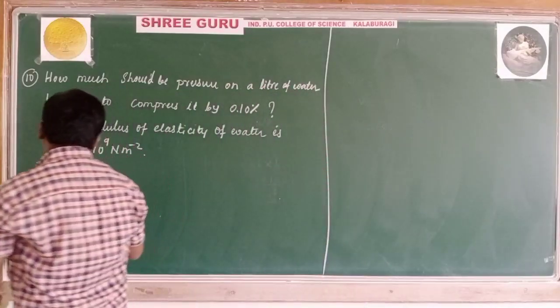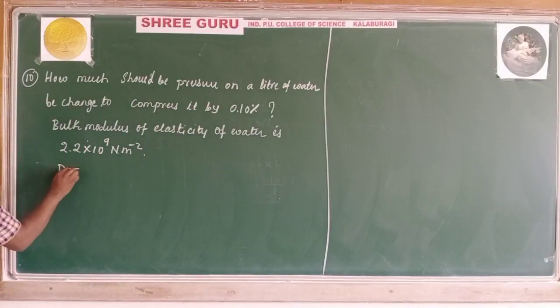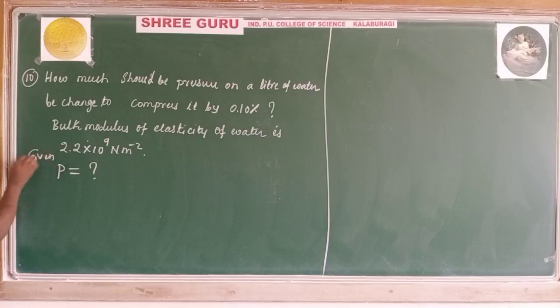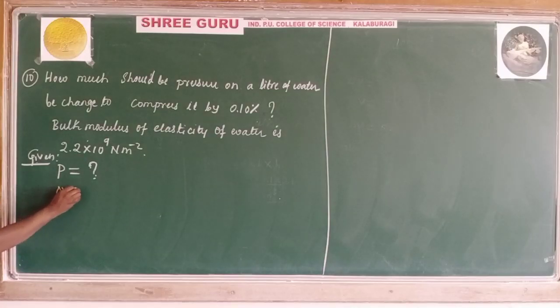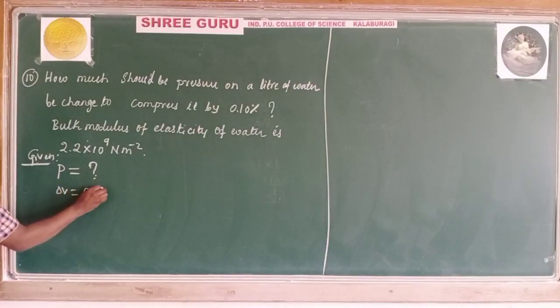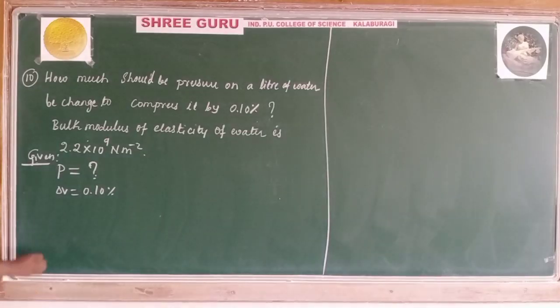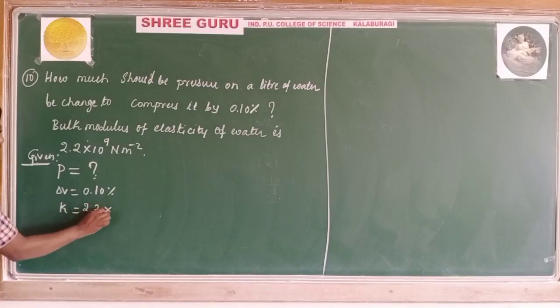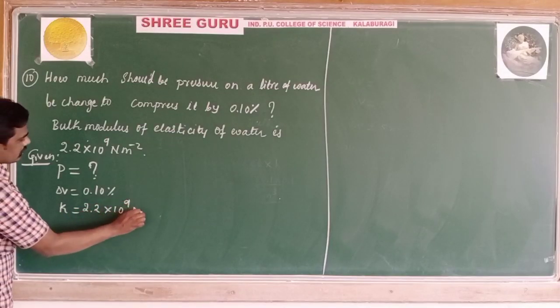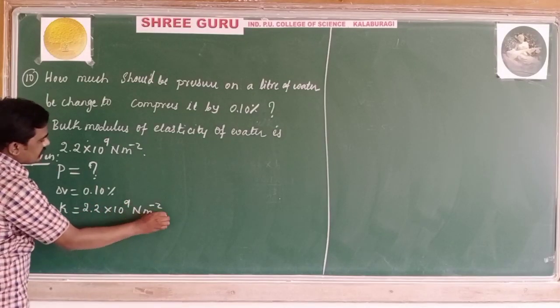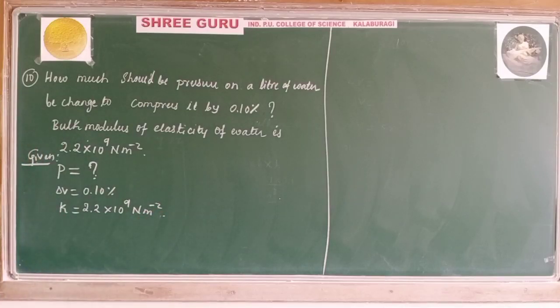We should find the pressure P. Given: the change in volume is 0.10%, and bulk modulus K equals 2.2 into 10 to the power of 9 Newton per meter square.